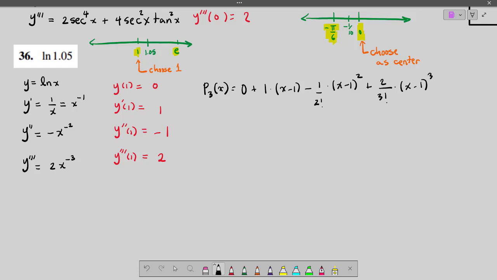So that will be our p sub 3. Because we're plugging in an x value, let's go ahead and simplify this. So that's x minus 1, minus 1/2 times x minus 1 squared, plus 1/3 times x minus 1 cubed.